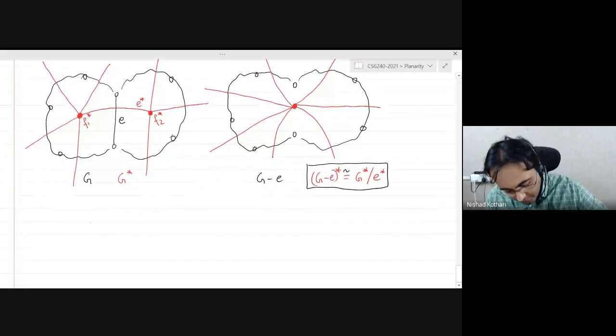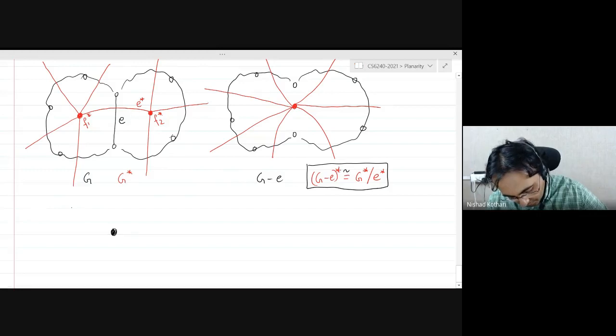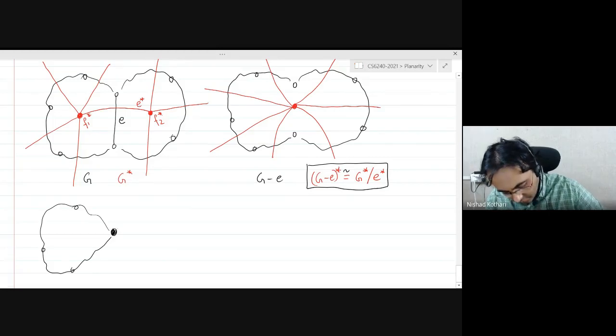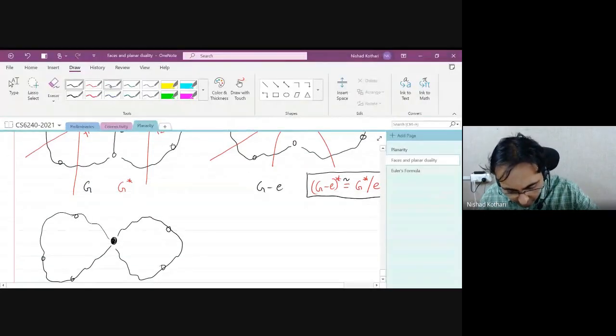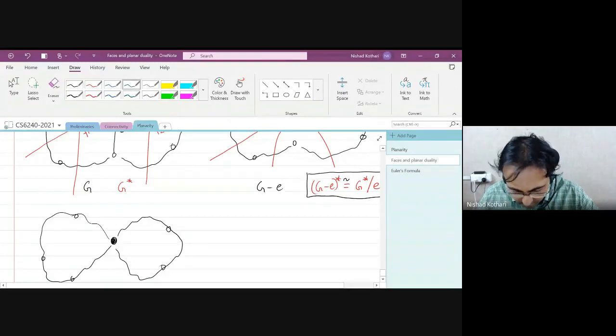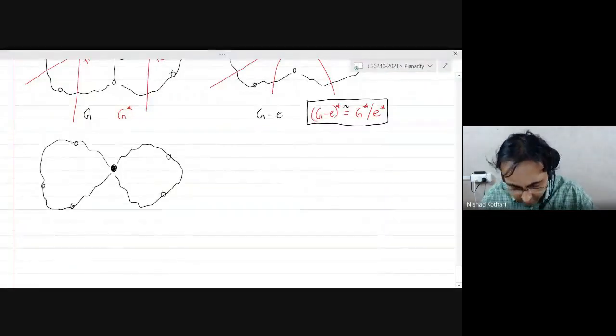If I contract the edge E into a single vertex, then my graph is going to look like this. And now what does the dual look like? Let me just use red.